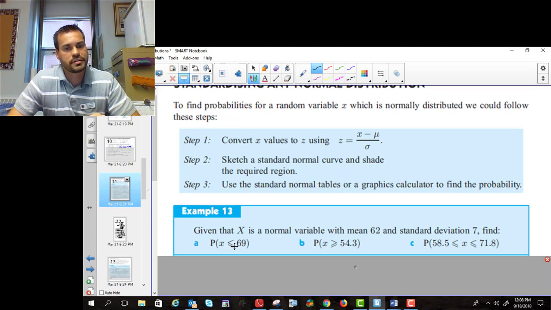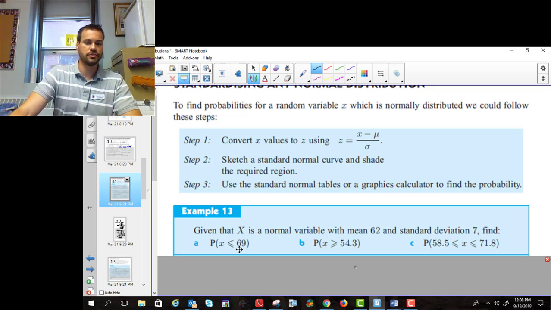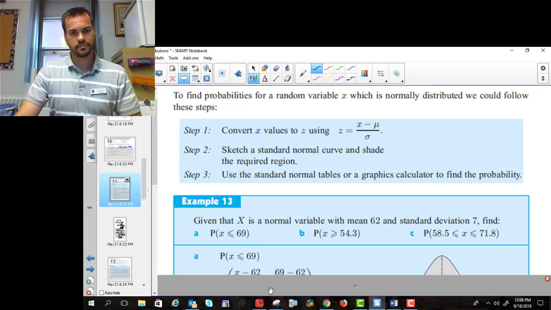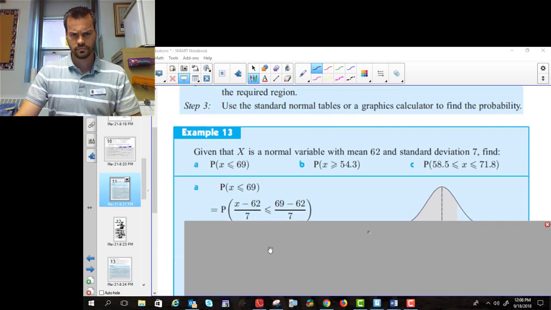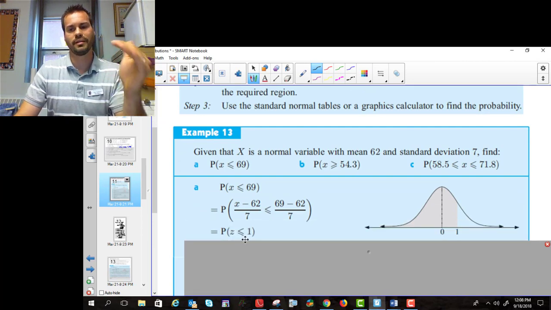This says the probability is x is less than or equal to 69, where the mean is 62 and the standard deviation is 7. So what we're going to do is convert the 69 by subtracting 62, which is 7, right? 69 minus 62, it is, and then divide by 7. So you end up with a z score being less than or equal to 1.